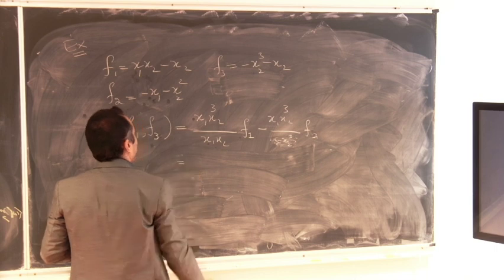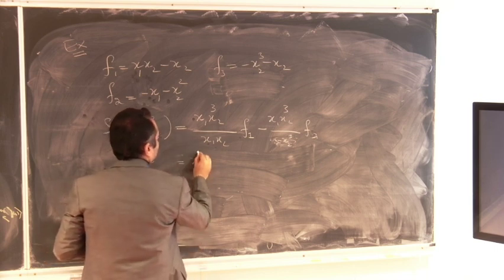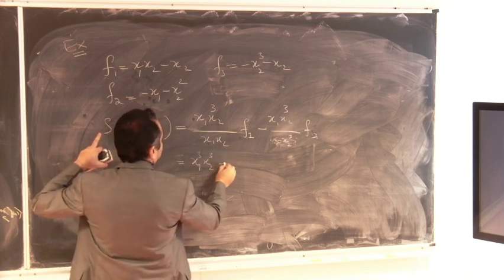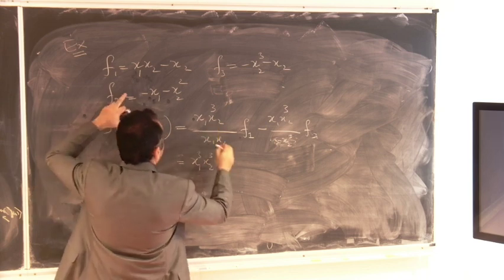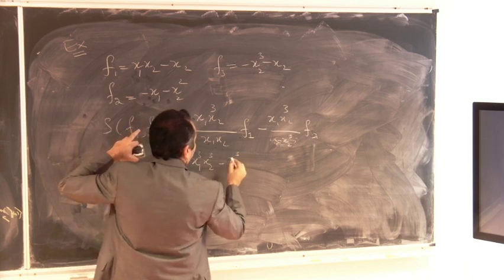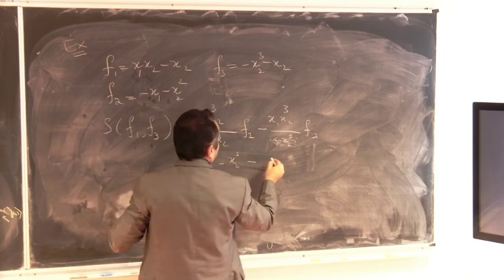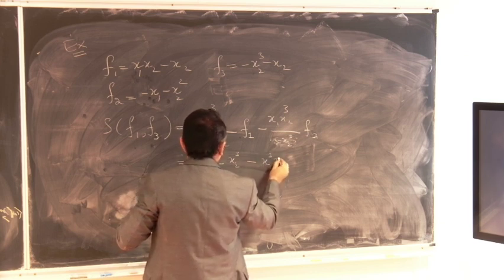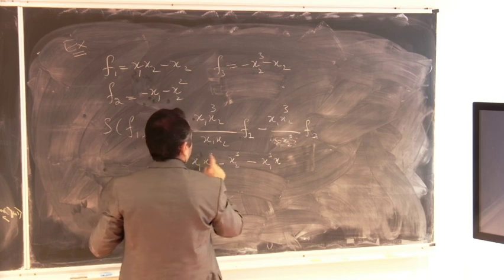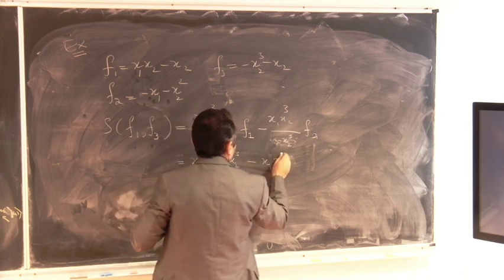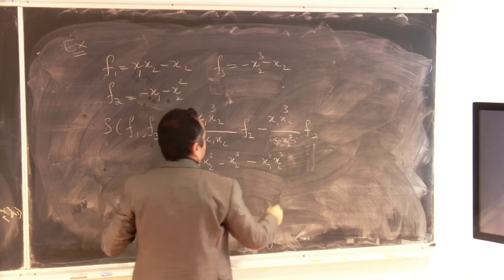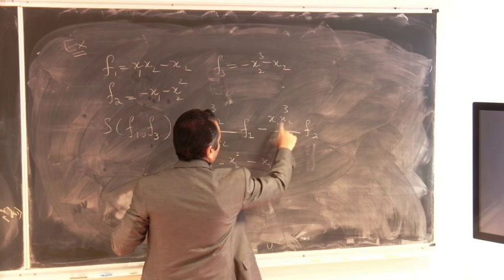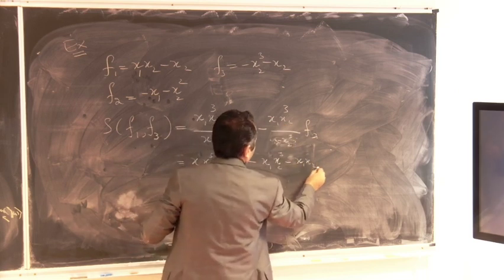So we have x1 cube x2 cube, the first term, and then we have this minus, it will give us x2 square, so minus x2 cube, minus we have this same x1 cube x2 cube, and we have minus x2 times x1, so this is x1 x2.